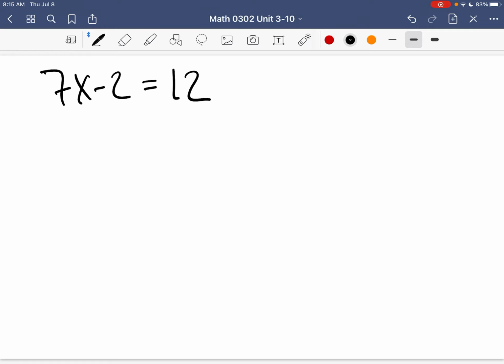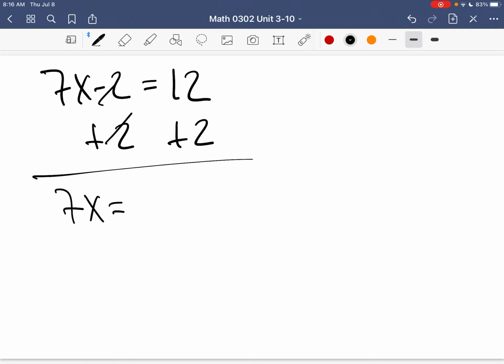The idea here when solving equations is to do a sequence of substitution, addition, subtraction, multiplication, or division properties such that we end up with the variable x by itself. At this point, we'll use the addition property of equality, adding 2 to both sides of the equation. The 2's will cancel here.